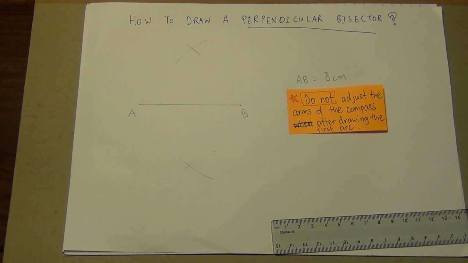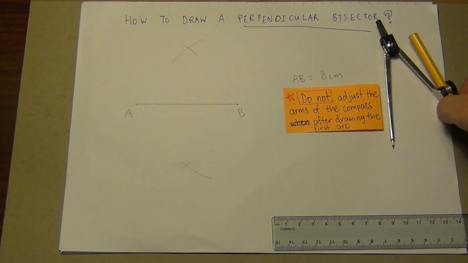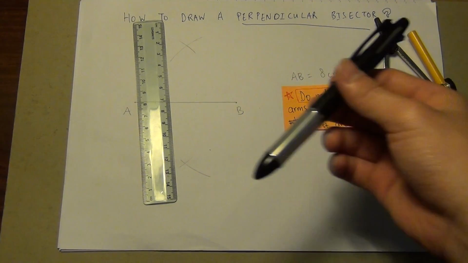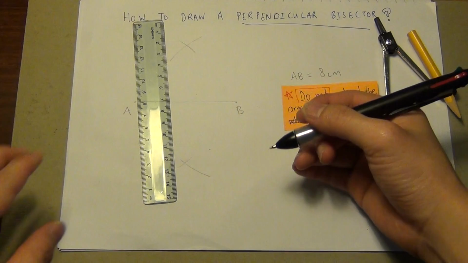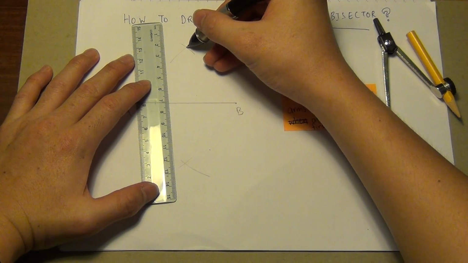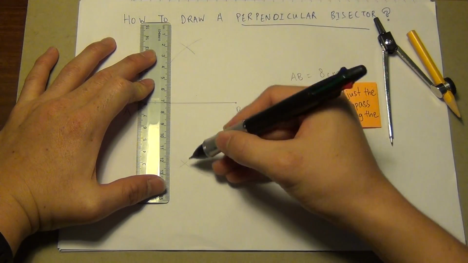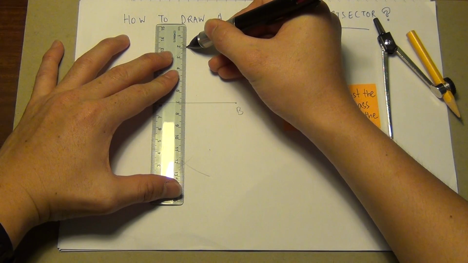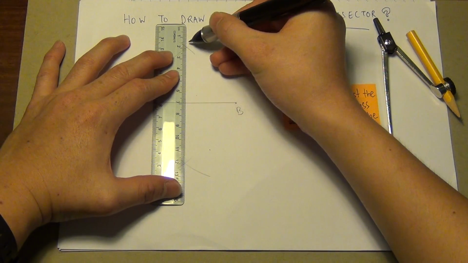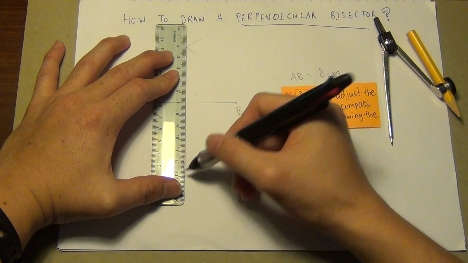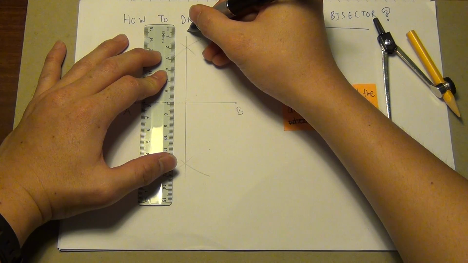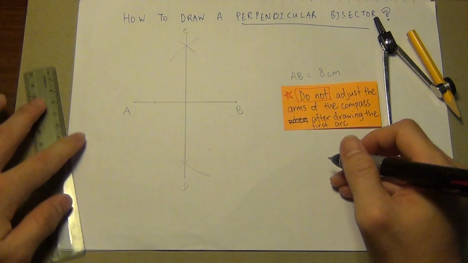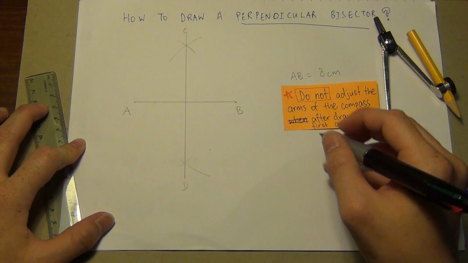So what I'm going to do next is take a ruler and a pencil to find an intersection point over here and an intersection point below the line. I'm going to draw a straight line that connects these two intersection points, and I'll label this as C and D. So take a look.